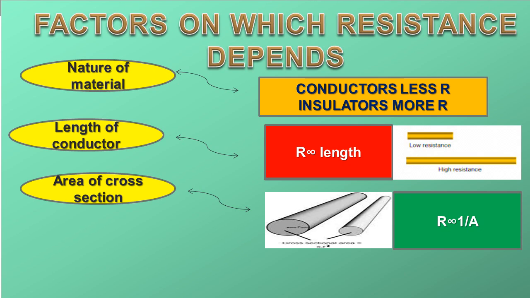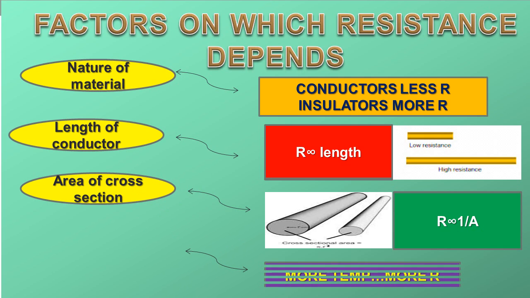I guess you know that there will be more hustle and bustle when they walk through the tunnel, because of more obstruction in their flow, they will collide with each other and with the walls of the tunnel. Similarly, if the area of cross section is bigger, then the value of resistance is less, but if this area is small, then the value of resistance will be more.